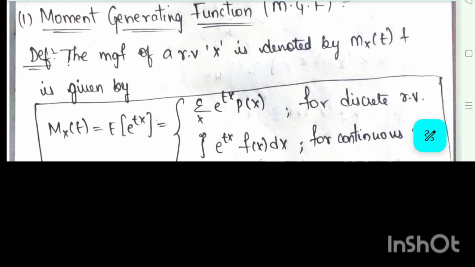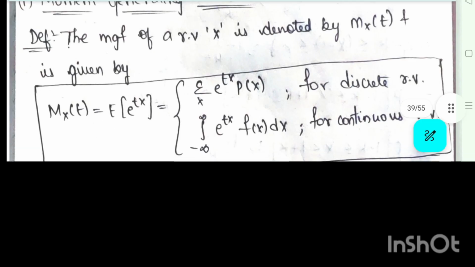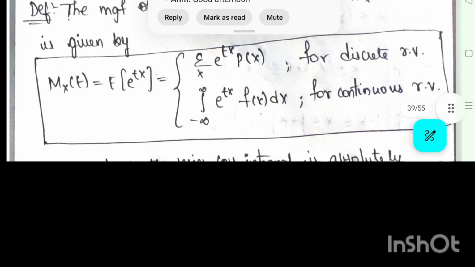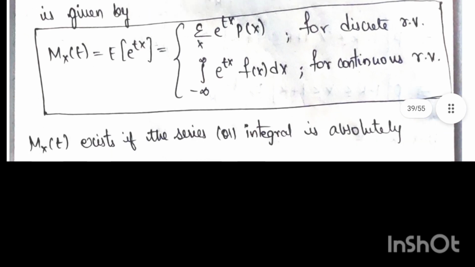The MGF of a random variable is denoted by Mx of t. Here x is a random variable. Mx of t is equal to the expected value of e to the power of tx.